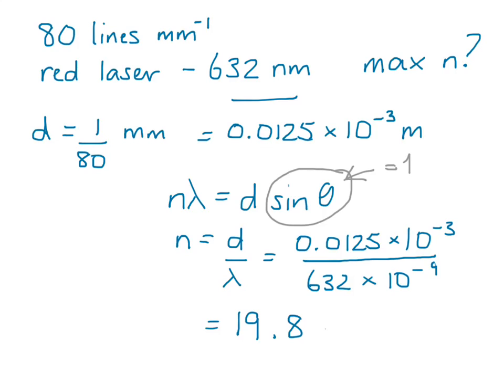And that comes to 19.8. Now obviously we can't have 0.8 of a fringe, so we wouldn't see the 20th fringe, but we would see 19. So the answer to the question is there would be 19 fringes, counting from the centre one, the 0th fringe, outwards.